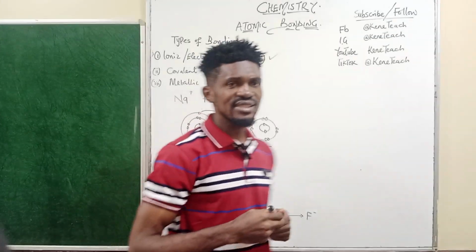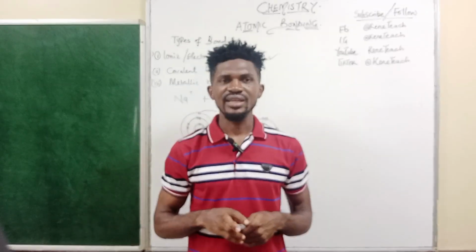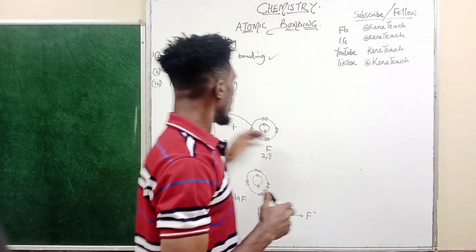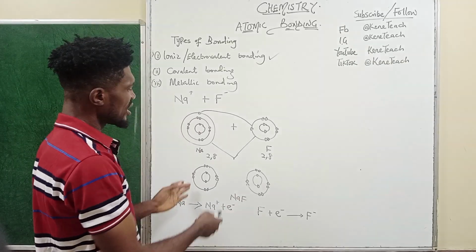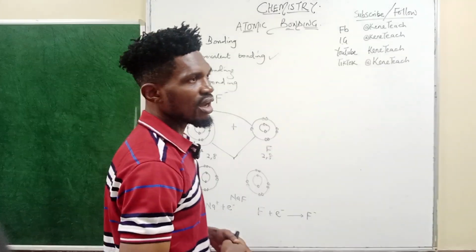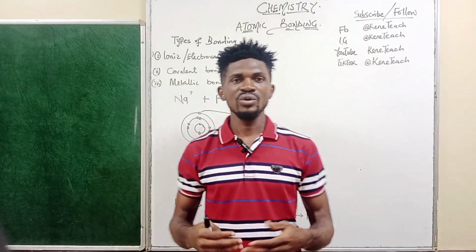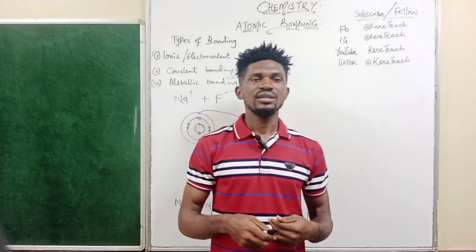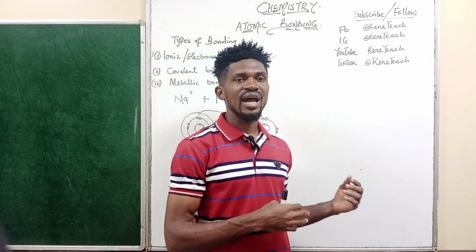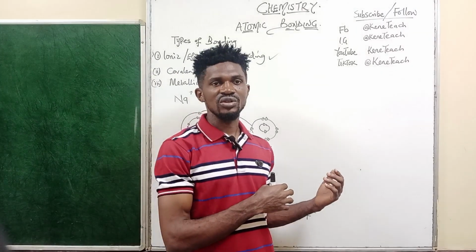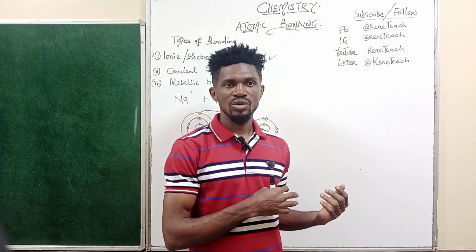So I believe this is very clear and we understand it. So this is ionic bonding. This is how it is being formed, and you will now understand why elements bond: they bond to attain an octet configuration, the octet rule.